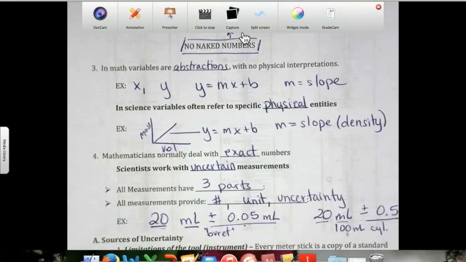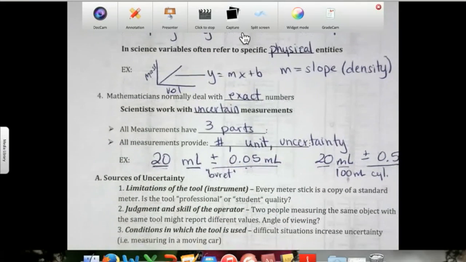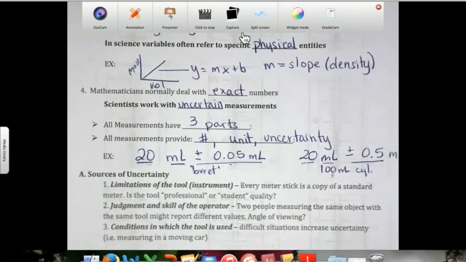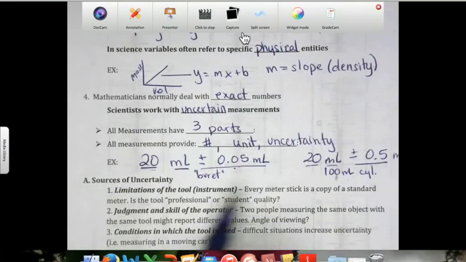Some of the sources of that uncertainty, why we might not know how certain a number is, the first thing we talked about up here, this burette and the cylinder, is limitations of the tool. So every meter stick is a copy of the standard meter. Is this tool professional or student quality? So some things are very precisely measured and very precisely created.